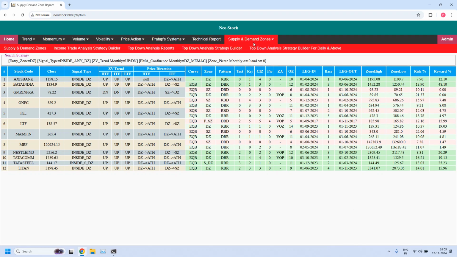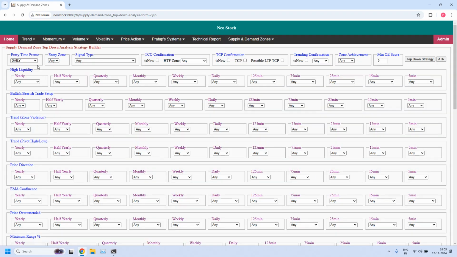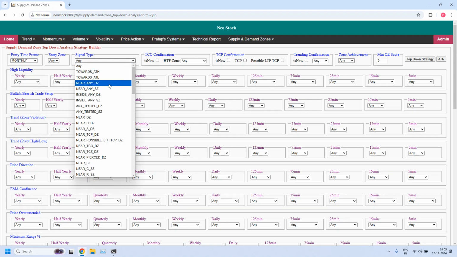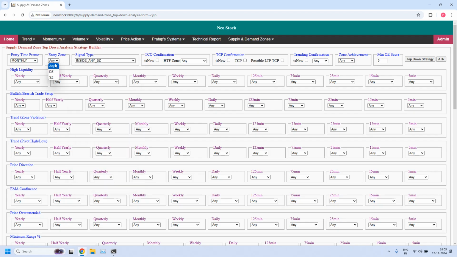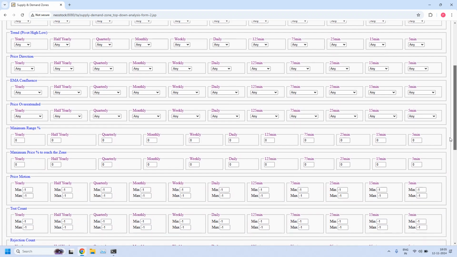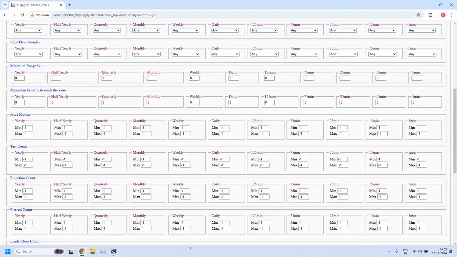Okay, next for monthly time frame, let us find the stocks where price closed inside monthly supply zone. And these monthly supply zones should not be pierced. So in the pierced count at monthly time frame, I am setting minimum value 0, maximum value 0.